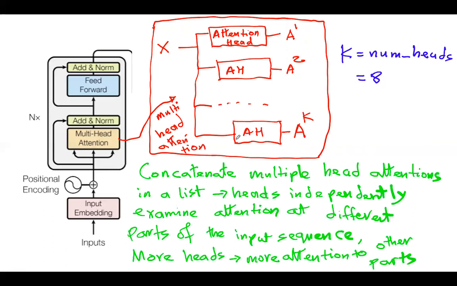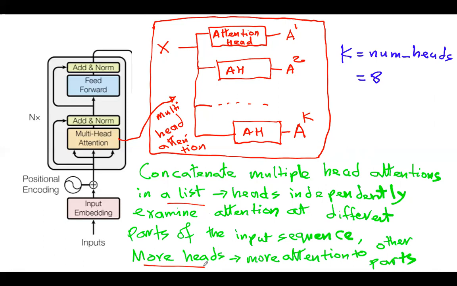So what is the next step from here? We have to concatenate the multiple head attentions in a list. In Python, you can create a list. And the heads independently examine attention at different parts of the input sequence. So each of these heads will be looking at a different part of the input sequence. And as you can understand, the more heads we incorporate, it is kind of an ensemble approach.